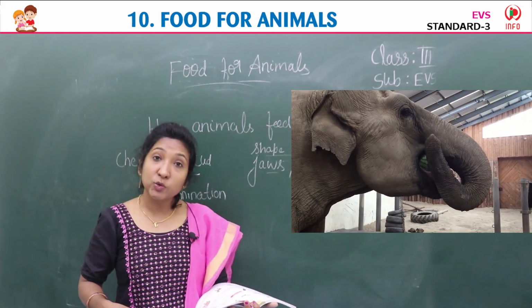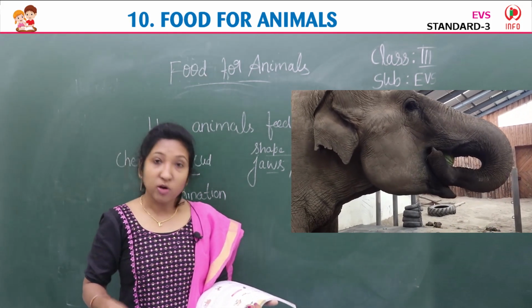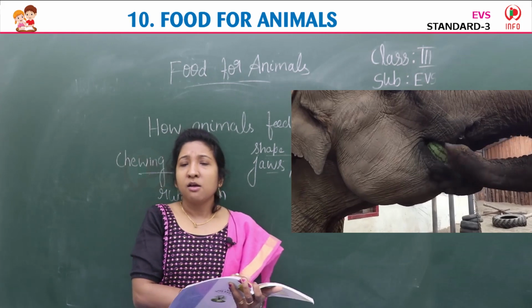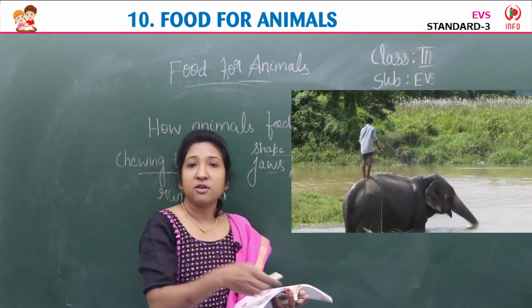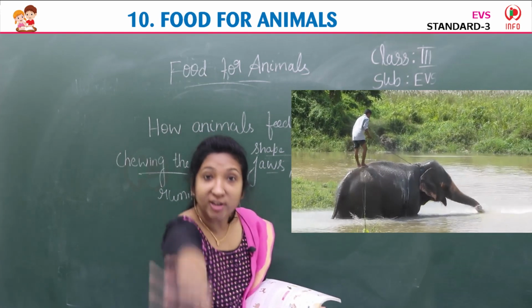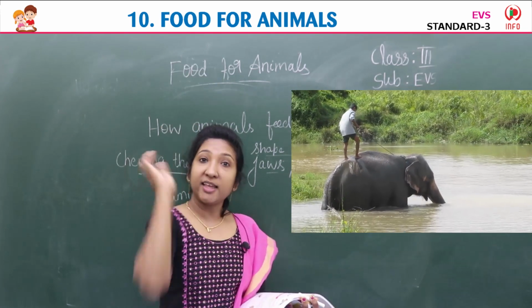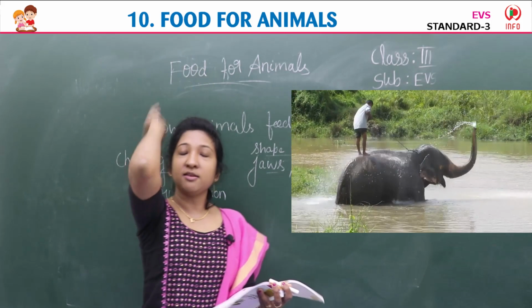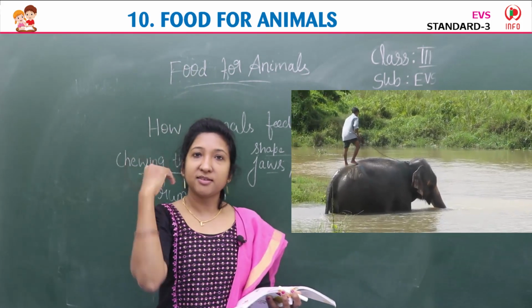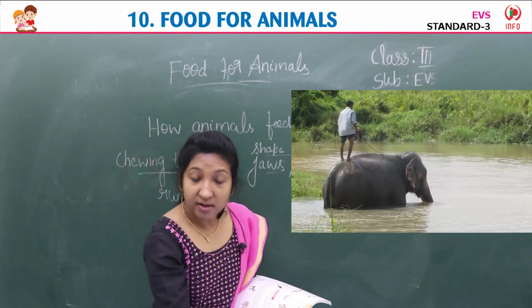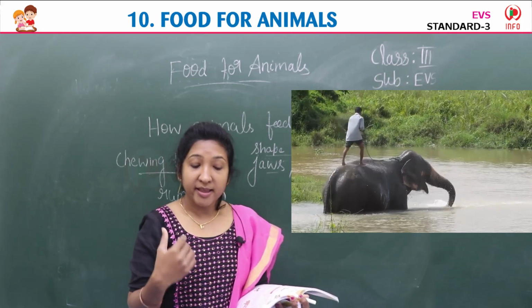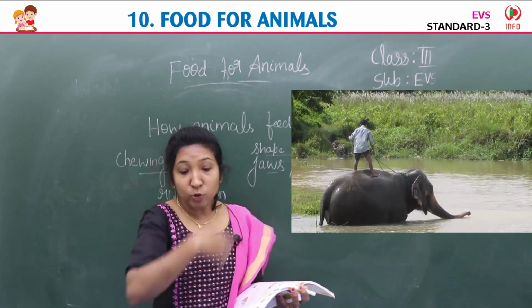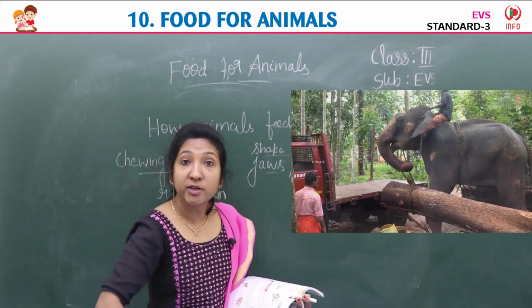An elephant uses its trunk not only for eating, but in many ways. You have seen an elephant taking water and cleaning itself, bathing. To drink, they use the trunk to take water. They also use the trunk to move logs of wood.